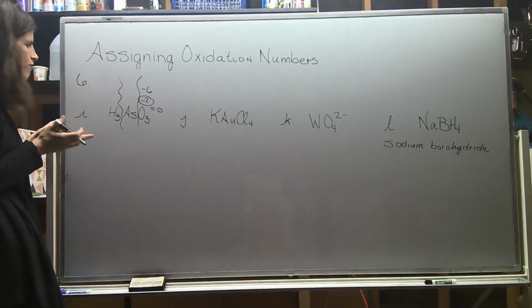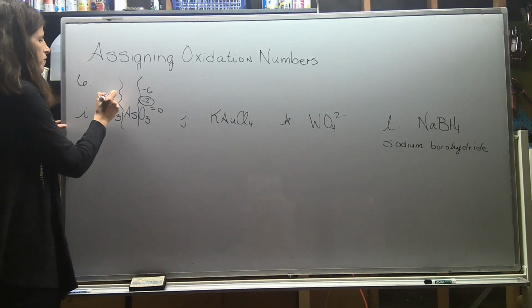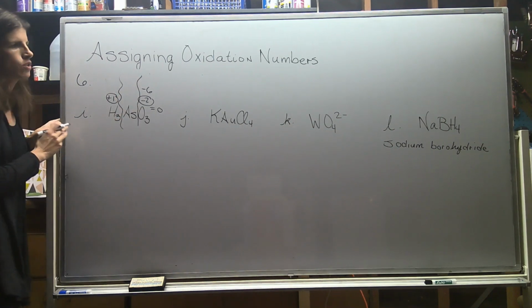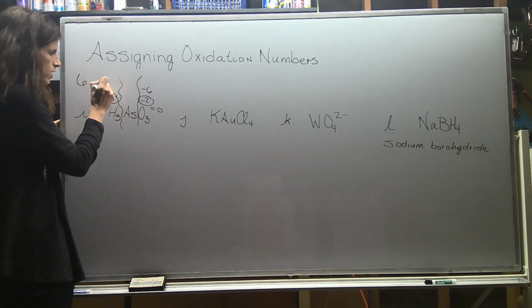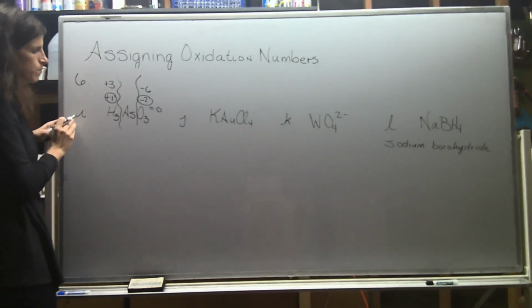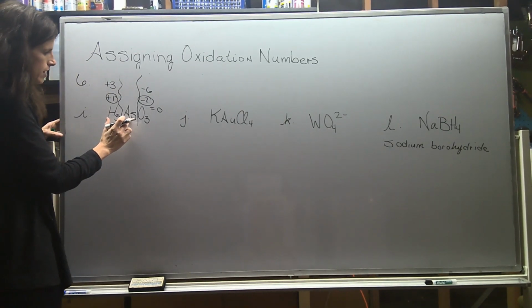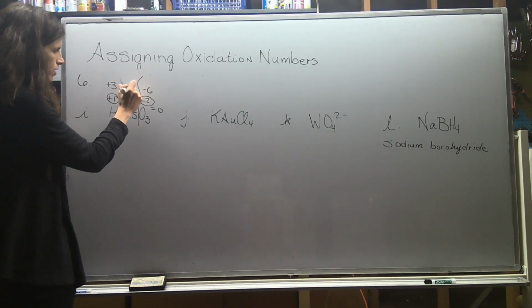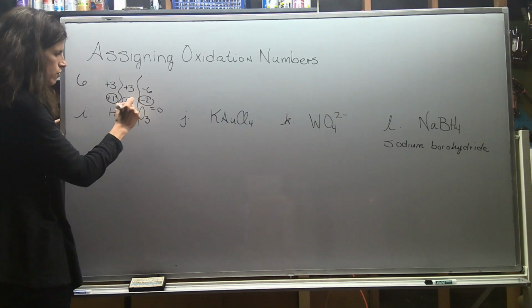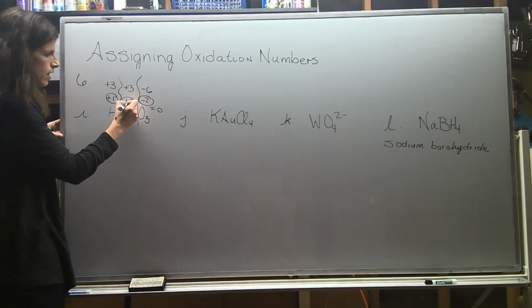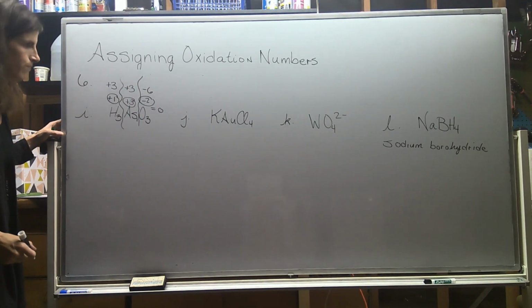Who do I feel more confident about? Well, I feel more confident about the hydrogen. I know hydrogen usually likes to do a +1. So now I have +1 times 3 gives me +3, which means our arsenic in the middle here would have to be a +3. +3 + 3 - 6 would give me a 0. And there's just one arsenic. 1 times +3 gives me the +3.